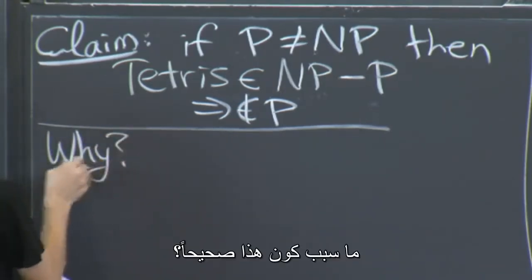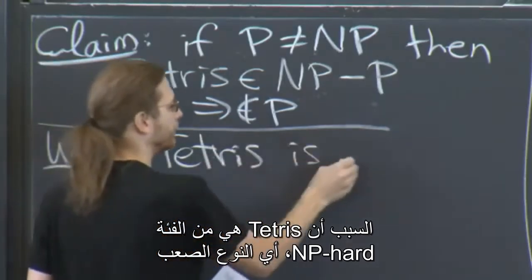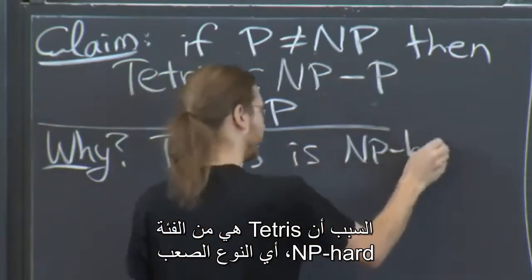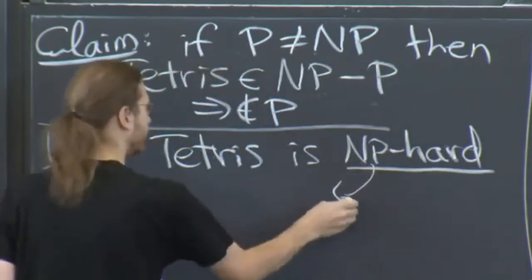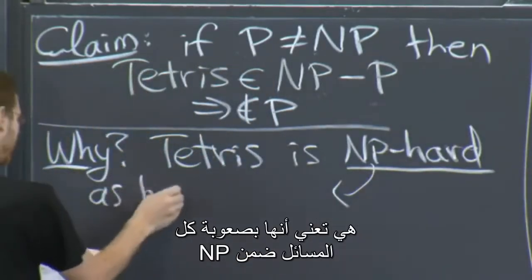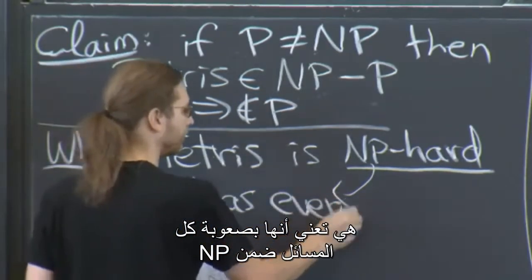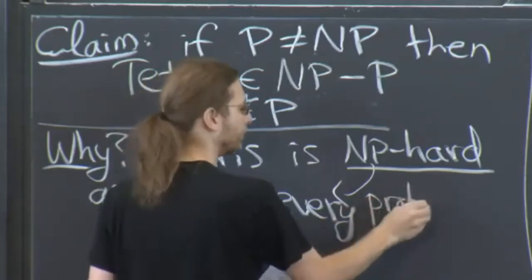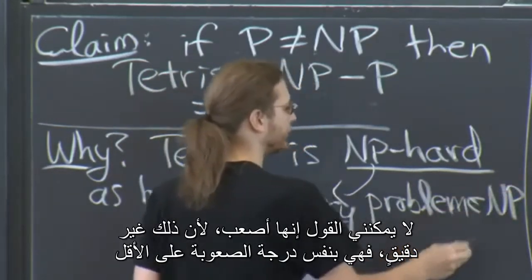Why is this true? Because Tetris is NP hard. What does NP hard mean? This means as hard as every problem in NP. I can't say harder than because it's non-strict.